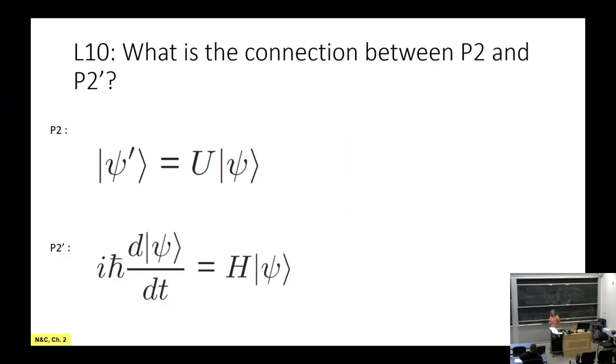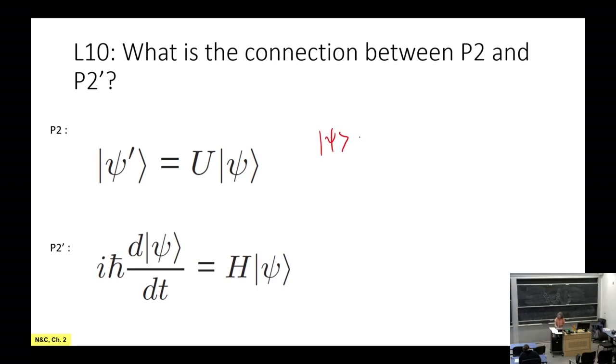Okay, so what's the connection between the Hamiltonian picture of dynamics, the postulate 2' that I showed, and the unitary operator picture that I presented first? So the answer can be obtained by writing down the solution to Schrödinger's equation, which we can do in a pretty straightforward way.